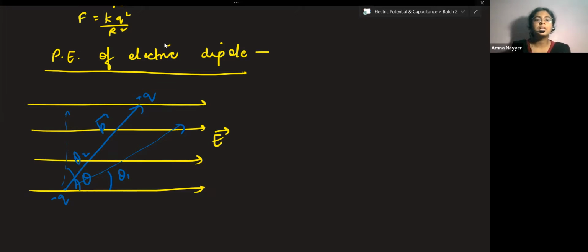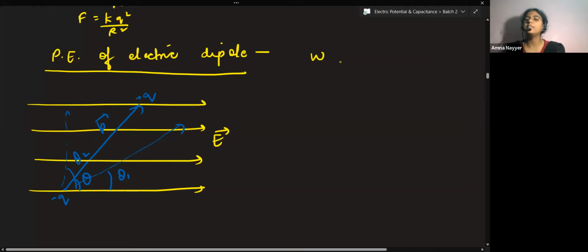See, work done is what? If you have variable angle, meaning angular displacement. Work done is F dot dx. Now in case of rotation, because we are rotating the dipole, the rotational analog of force becomes torque, and displacement in terms of rotation becomes angular displacement.